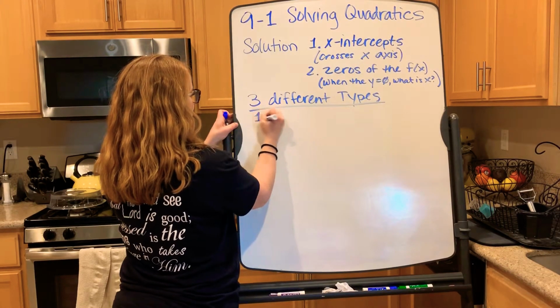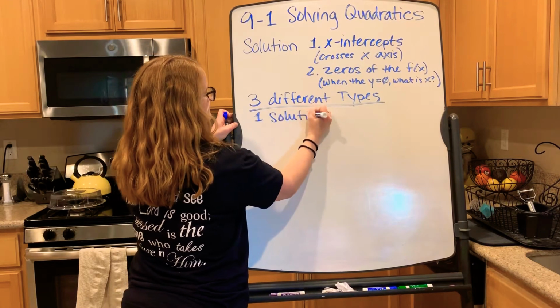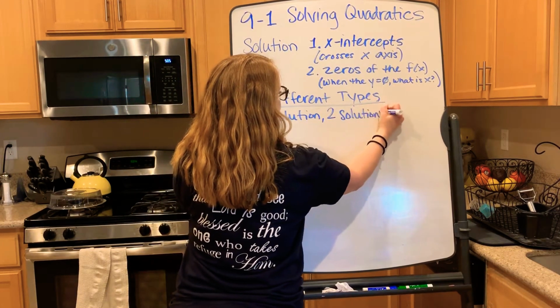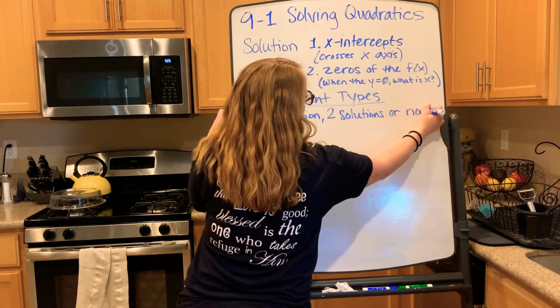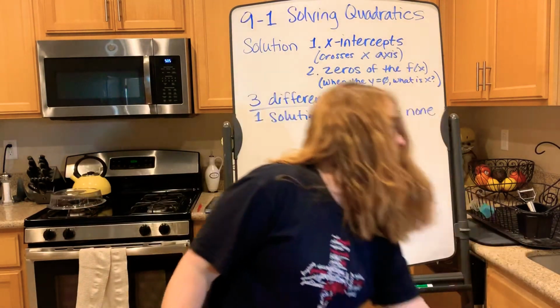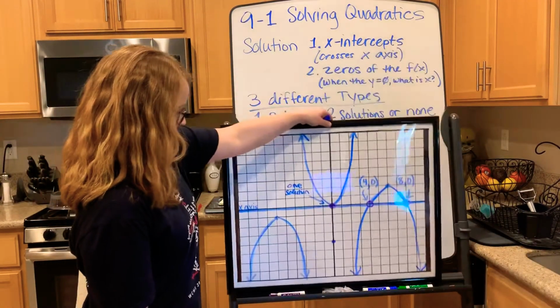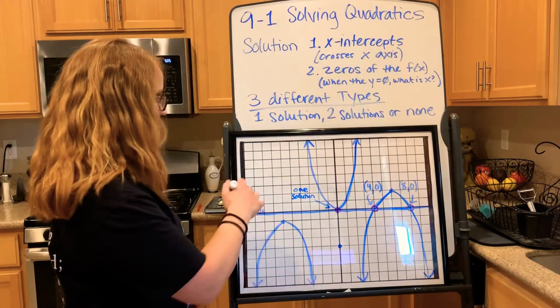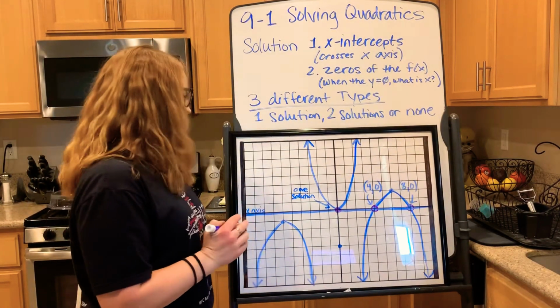So we can have one solution, two solutions, or none, no solution. Okay, so if we look at this on a graph, I have three different quadratics to look at.